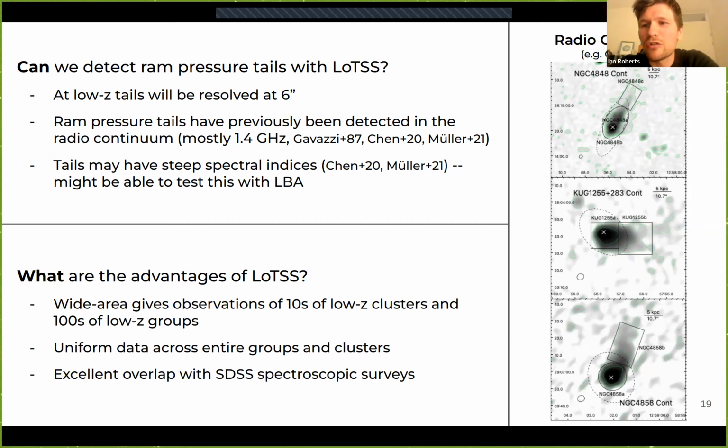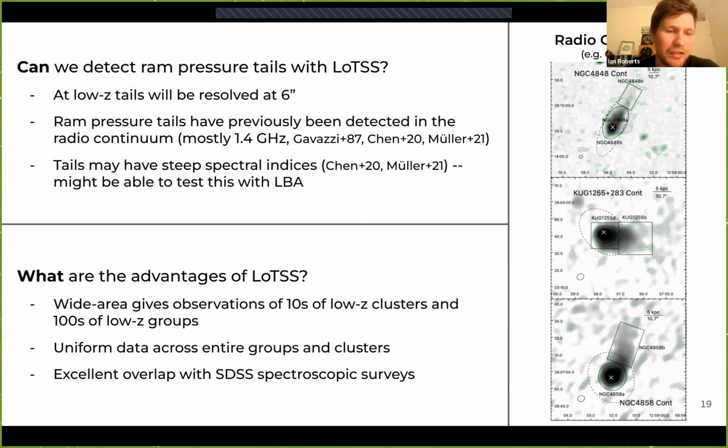As you move to lower and lower frequency, the tails should get brighter and brighter. So if you can see them at 1.4 gigahertz, you certainly should be able to see them at 144 megahertz. And combining the HBA and the LBA from LOFAR, we should be able to test this and measure spectral indices in these types of objects that we're finding.